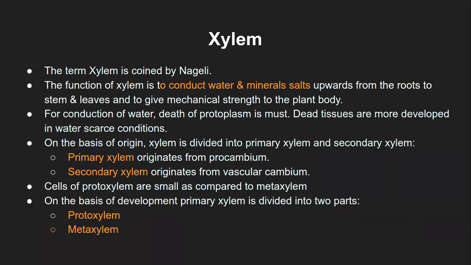Again, if you have any questions, please feel free to stop me. There are another two types of xylem, which are based on the development of the primary xylem. From procambium, it develops into protoxylem and metaxylem. Again, proto refers to earlier version.